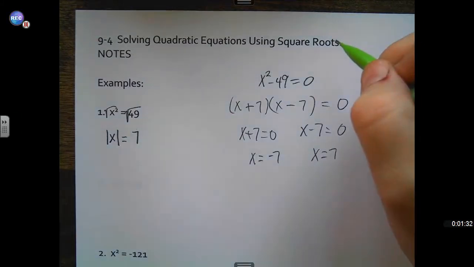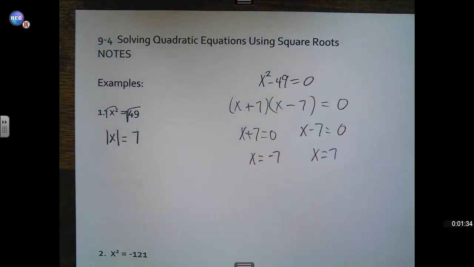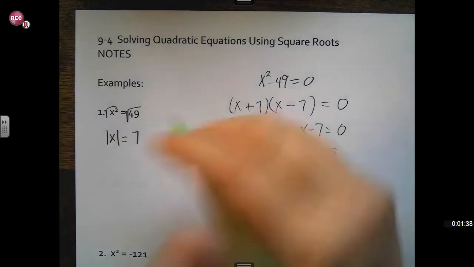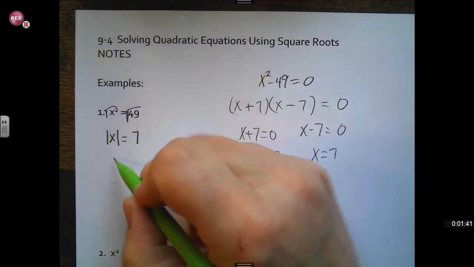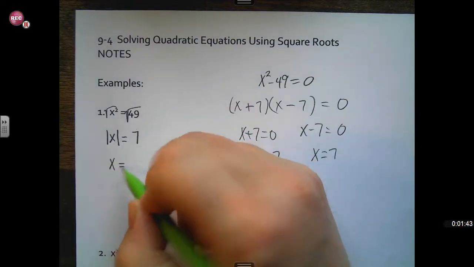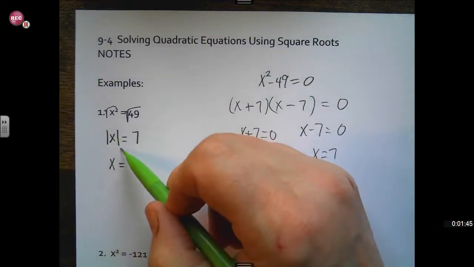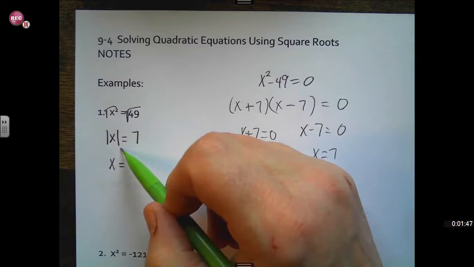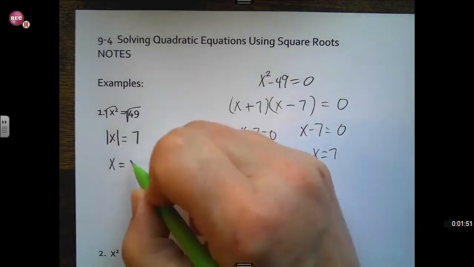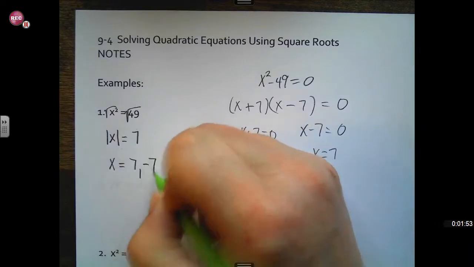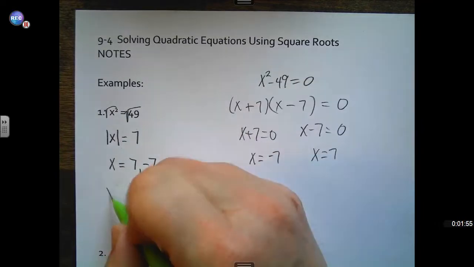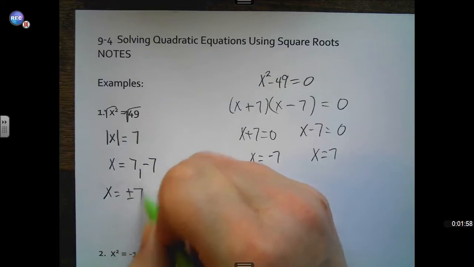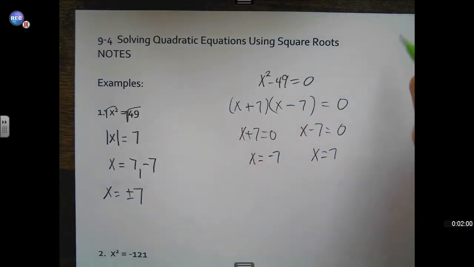Remember, absolute value is a number's distance from 0, and there are two numbers that are 7 units from 0. They are 7 and negative 7. Sometimes you'll see it written as plus or minus 7.